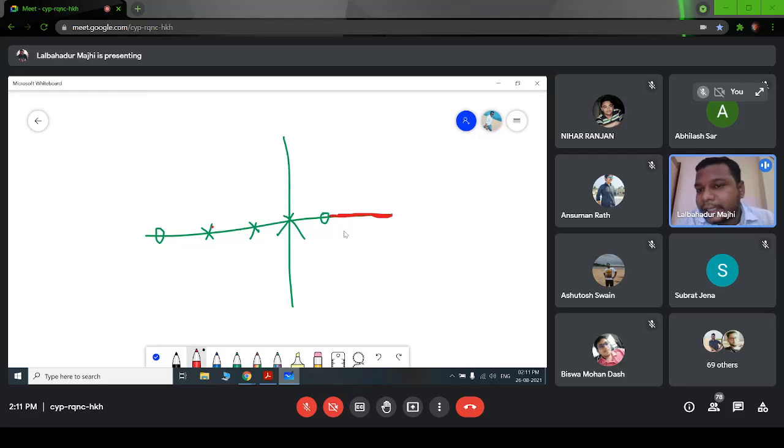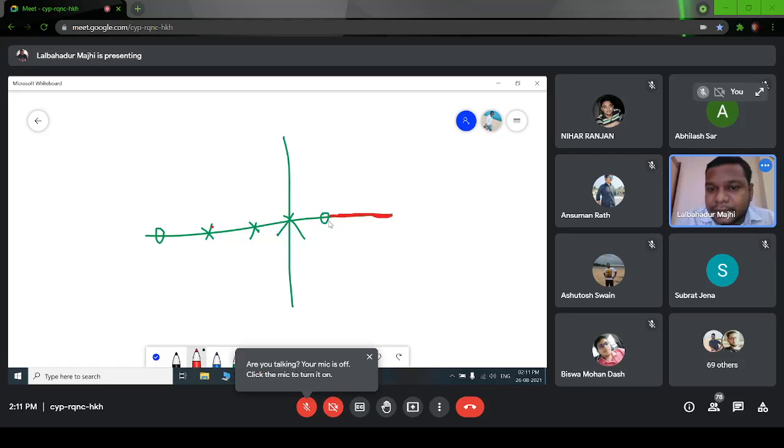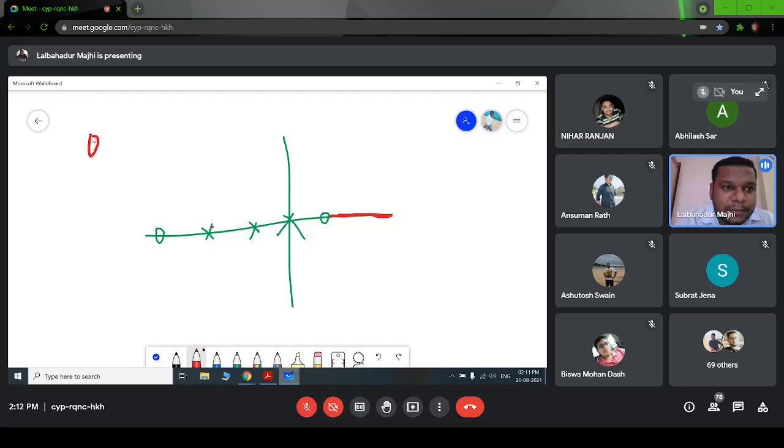So we have to use the right hand rule. For the point we are considering, we look to the right side, and if there is an odd number of poles and zeros, the summation of poles and zeros, then that point will lie on the root locus. The summation of poles and zeros to the right of that point should be an odd number.